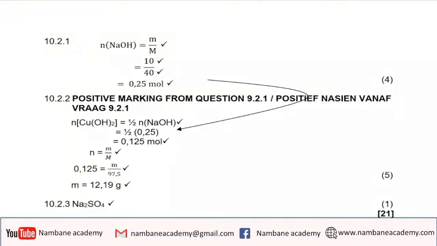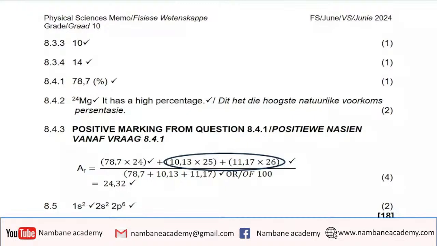I'm wondering if the learners use the molar mass given in the table, the 23,985, the 24,959, and the 25,983 instead of the 24, 25, 26. Can we accept that? Because it's considered more accurate.